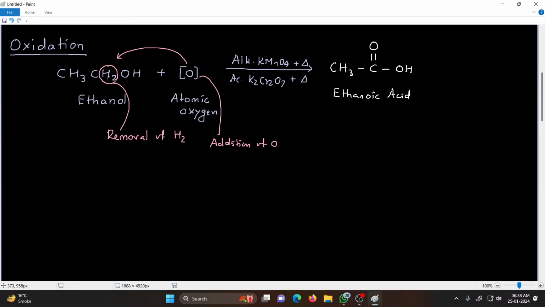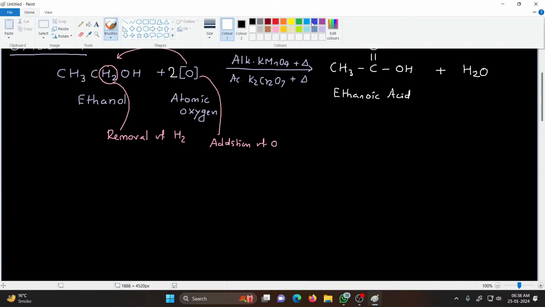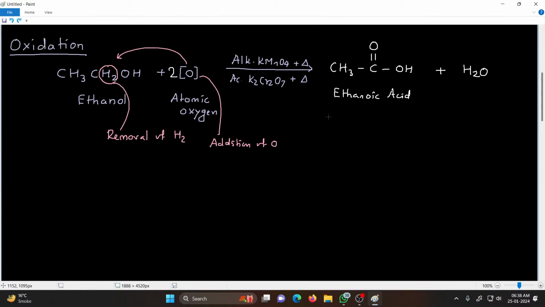And you will see that these two hydrogens along with one more atomic oxygen will produce water. So this is the reaction in which alcohols are converted into acids, and this is addition of oxygen, removal of hydrogen.